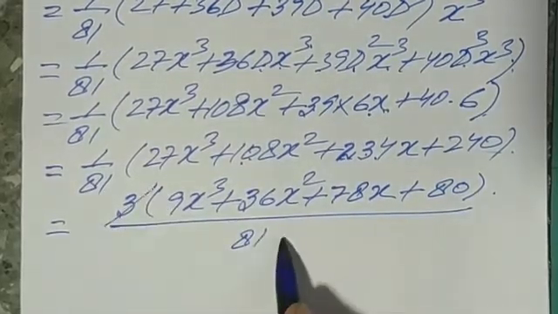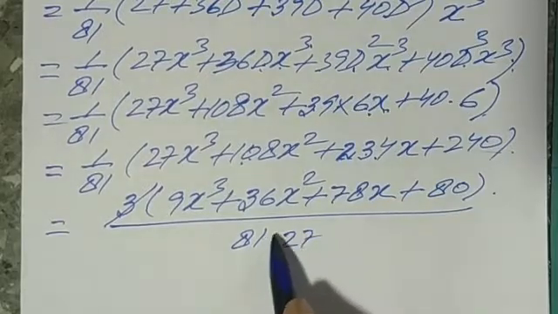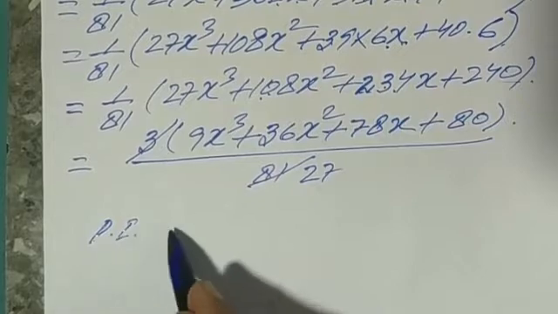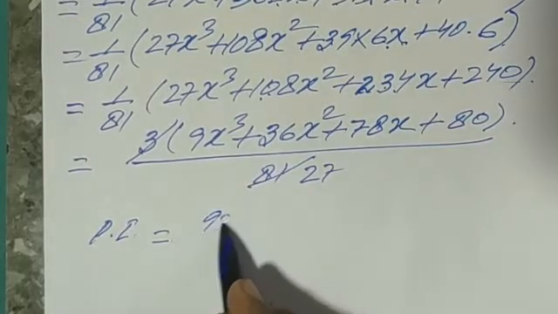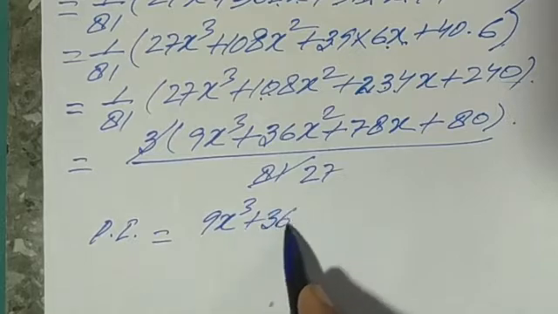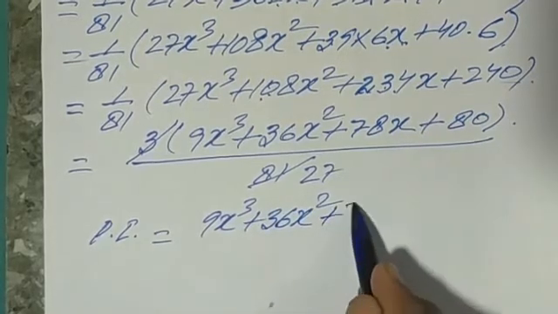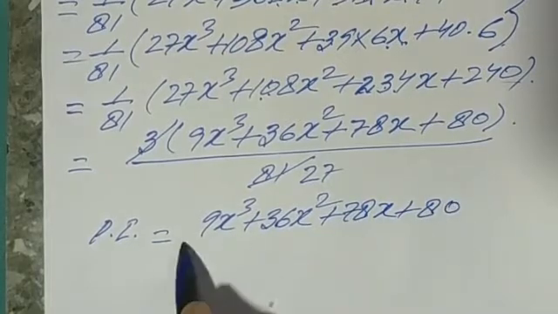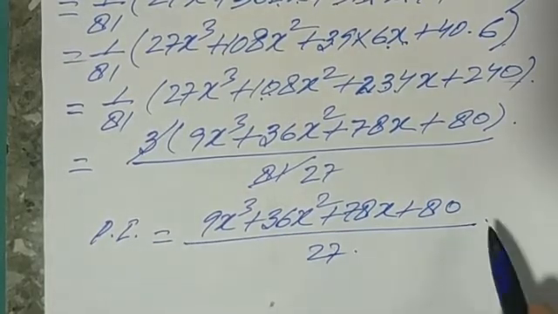So this 3 will cancel 81 27 times. So finally our particular integral is 9x cube plus 36x square plus 78x plus 80 divided by 27.